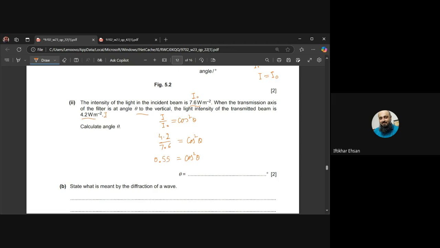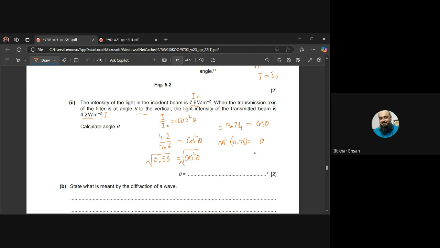0.55. Okay. Beta ji, we need cos theta, so we will take the square root of both. What will be the square root of 0.55? 0.74. Okay, now there are two methods. You can write both plus or minus, or you just take cos inverse, and whatever the answer will be, the other angle is 180 minus theta.